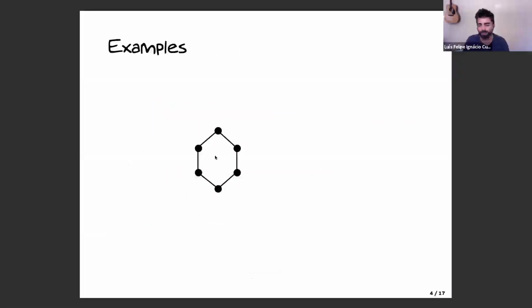Let's see an example to be clear. First, a cycle graph, a very simple graph. Any spanning tree of this graph is a path with 6 vertices, and any other is exactly like this. So we must look at pairs of vertices that were adjacent in the graph but are not adjacent anymore in the spanning tree, and compute the distance.